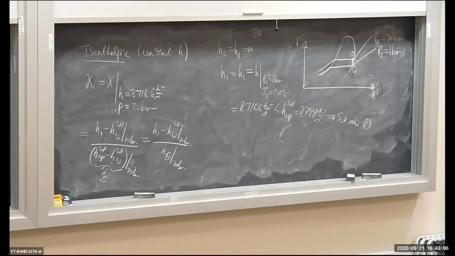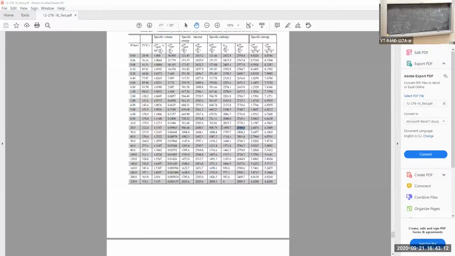Okay, so let's look at the specific enthalpy for a saturated liquid at 20 bar and HFG. Saturated liquid, 908.97. So H1 is 2716.6 minus 908 kilojoules per kilogram, H sat liquid approximately 908.